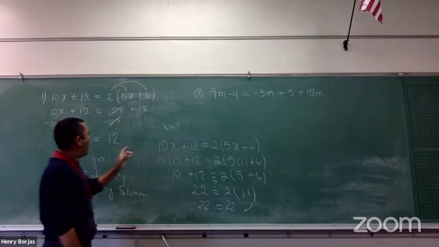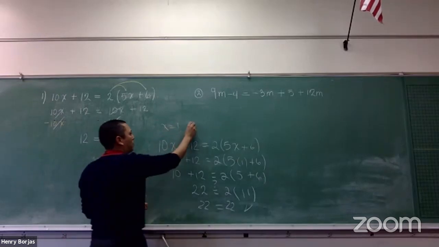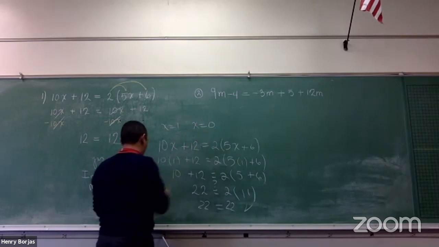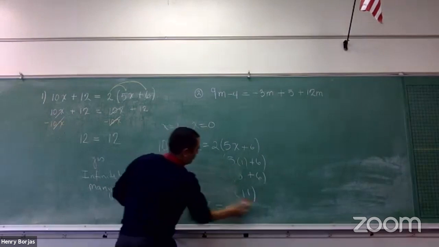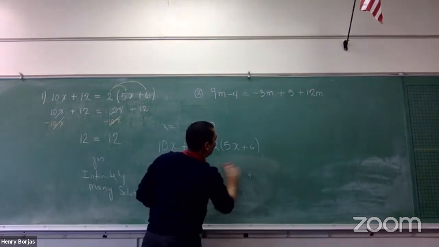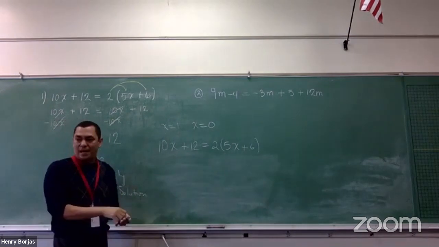What happens if I use 0? x equals 0. Now I have two values. Remember, we're going to have the same solution on both the left and the right sides.